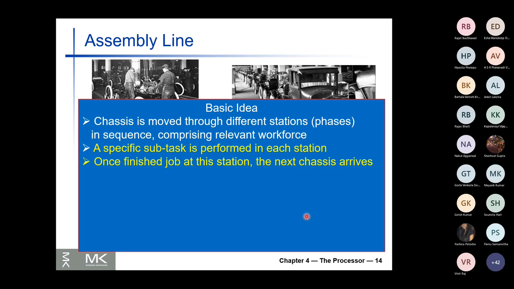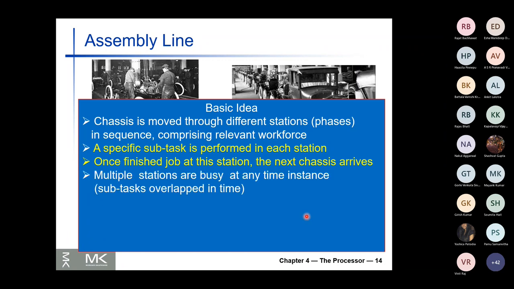Once the job is finished in this station, it leaves the station and goes to the next station, and another chassis arrives in the previous station. Therefore, as you can see, multiple stations are busy at any time instance. So subtasks are overlapped in time.